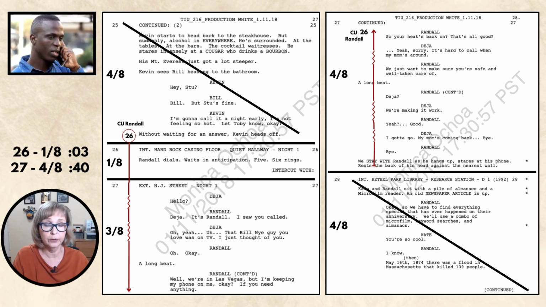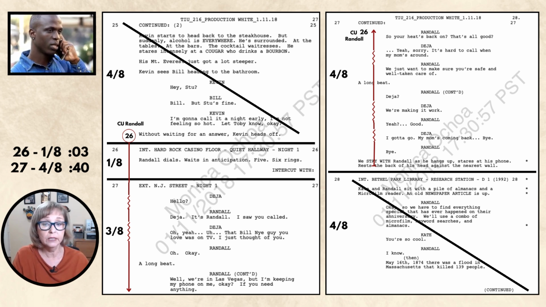It's a close-up of Randall on the interior Hard Rock Casino floor, and it goes into the next scene, where Deja is at the exterior New Jersey street, and we're lining our script all the way down through the whole conversation.